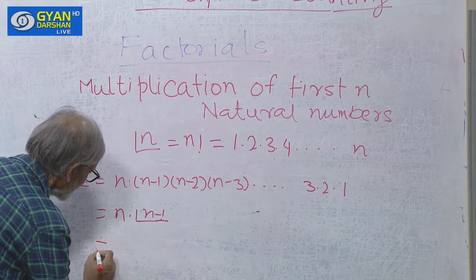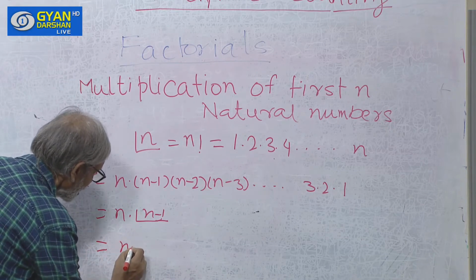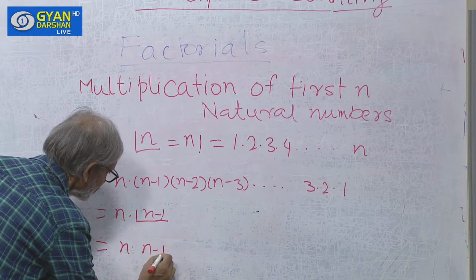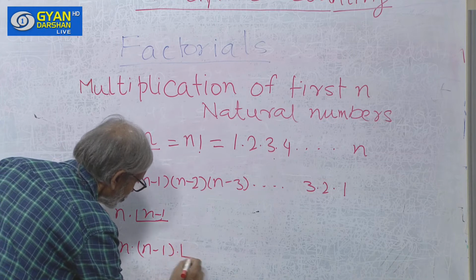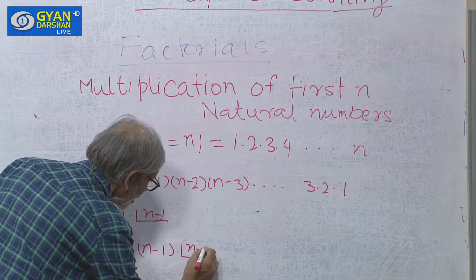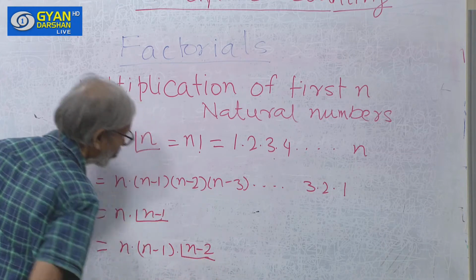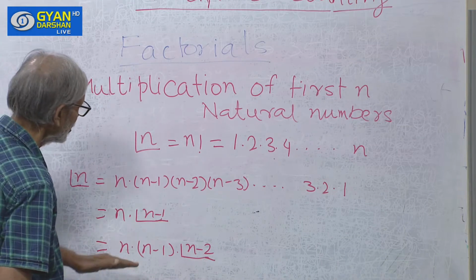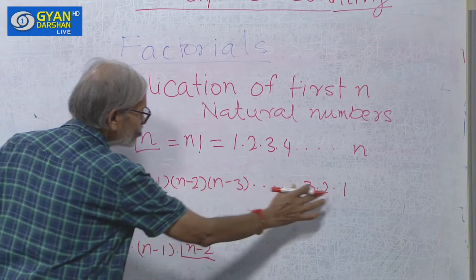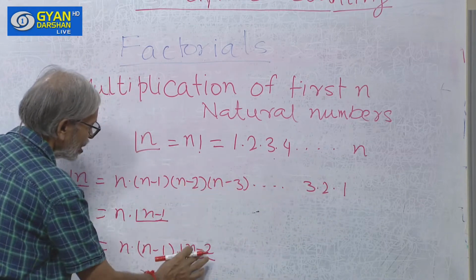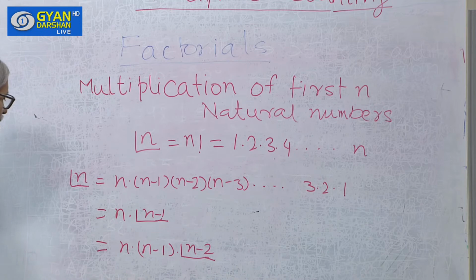We can also write it as n into n minus 1 into factorial n minus 2, because the rest of the brackets from n minus 2 to 1 will be equal to factorial n minus 2, and so on.